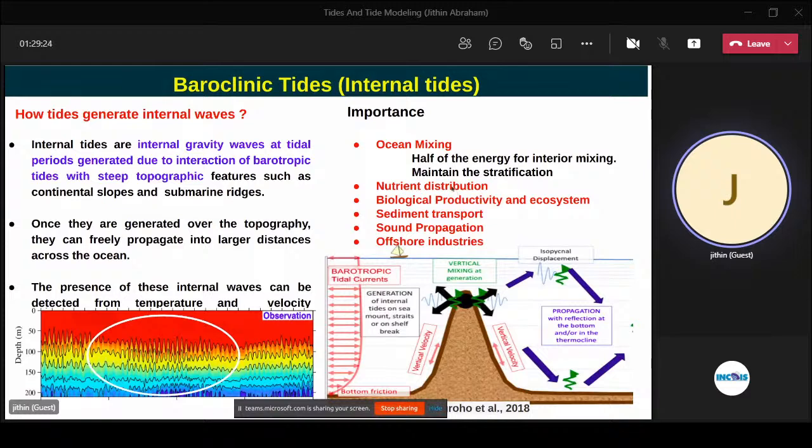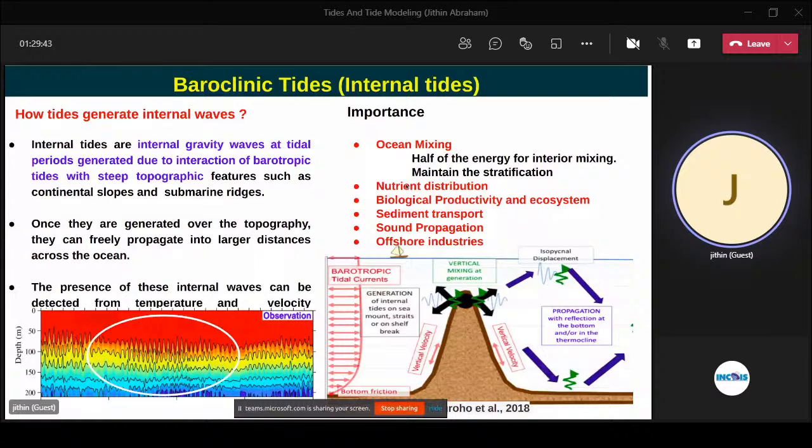These internal waves also play an important role in nutrient distribution, biological productivity and the ecosystem, as well as sediment transport, sound propagation and offshore industries.